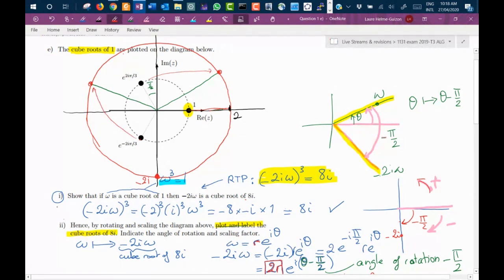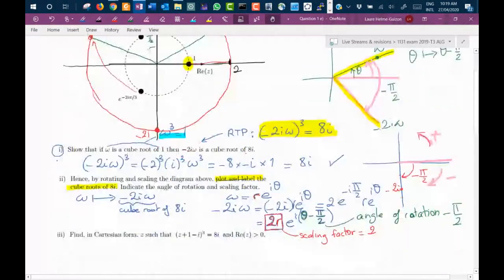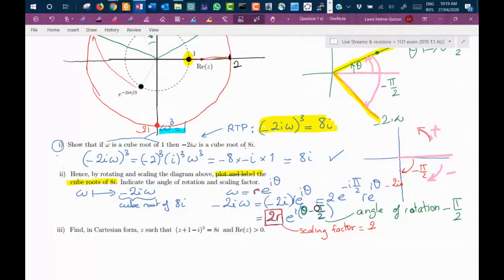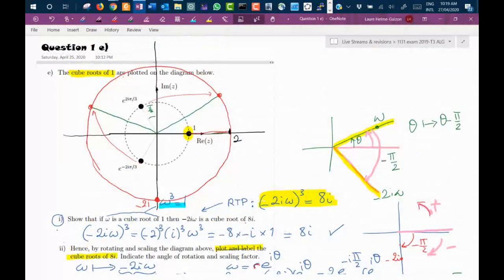So I could say that, is that all they wanted? And so what did they want? So we drew them, plot and label the cube roots. So I don't know what they want exactly. If they only want, for me, I would be happy for people telling me, that's how I got this one.